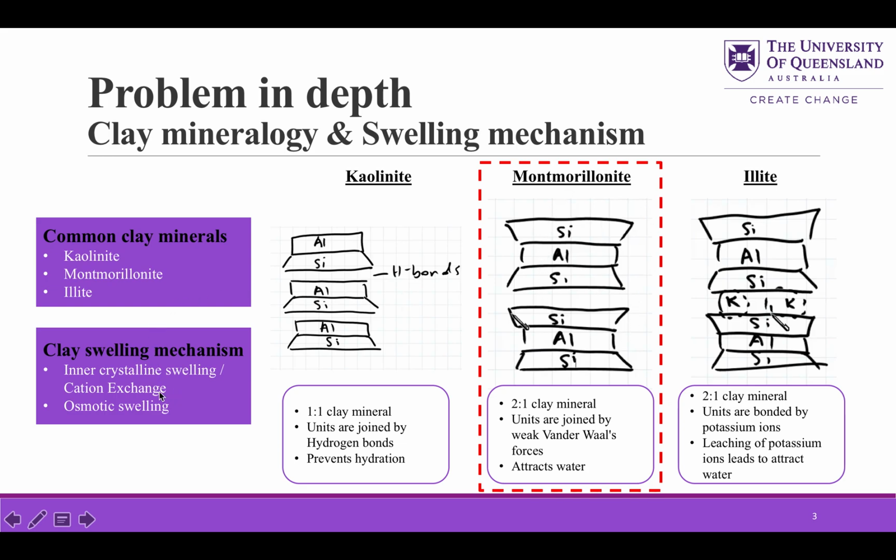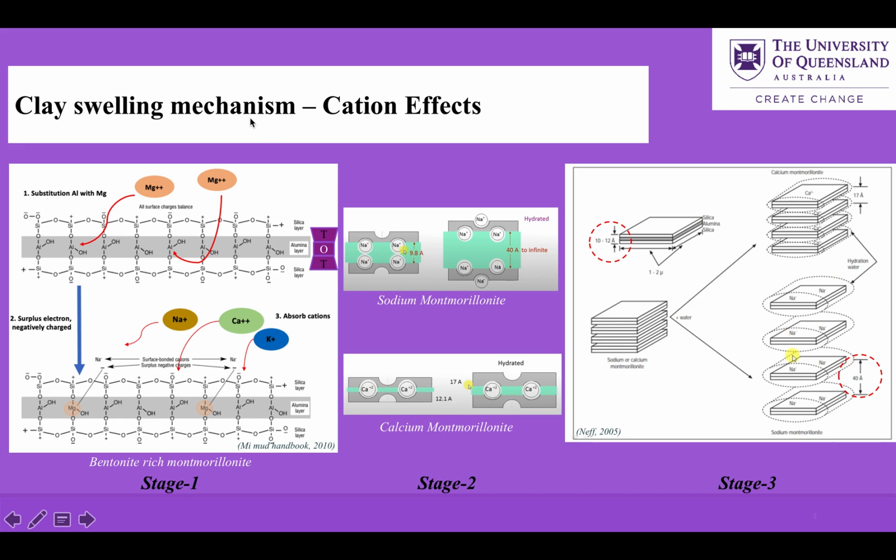So, how does swelling occur in montmorillonite? That's because of intercrystalline, or known as cation exchange effect. So, what exactly happens in a layer of montmorillonite clay mineral? It has a TOT structure, such as silica, alumina, and silica. And when this layer of clay comes in contact with water, the alumina gets replaced by magnesium ions, thus forming a layer of negative charge on the outer surface of the layer, which attracts either sodium ions or calcium ions or potassium ions.